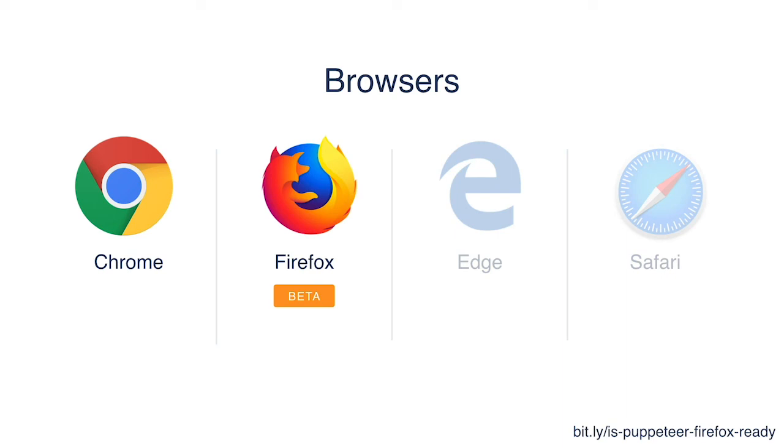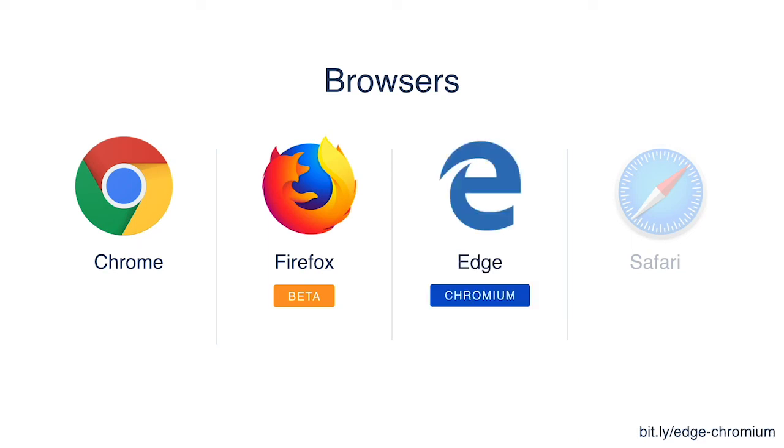As for Microsoft, at the end of 2018, they announced a plan to rewrite their main browser, Edge. I'm not going to talk about Internet Explorer, that is actually a legacy. The plan is to create a new version of Edge that's going to use the Chromium open source project. So basically, this is the same engine that Chrome is using.